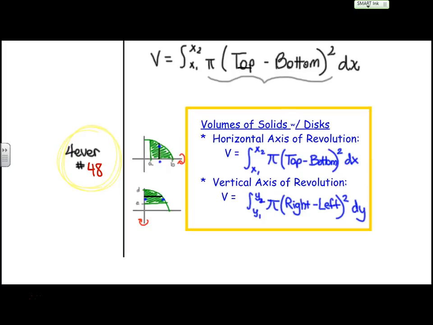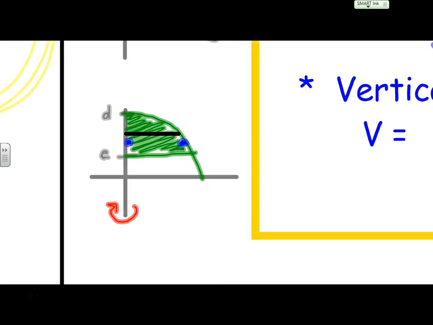And I wanted to explain these pictures that are with this forever card down below, because there's a couple things that it might be a good idea to add to these figures. With these rotation arrows, if you're rotating around a vertical axis, we can say the depth is going to show us dy.